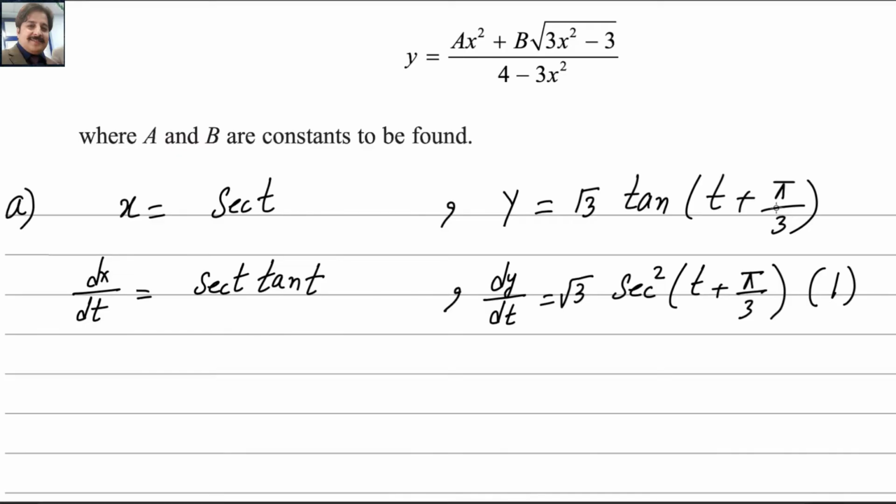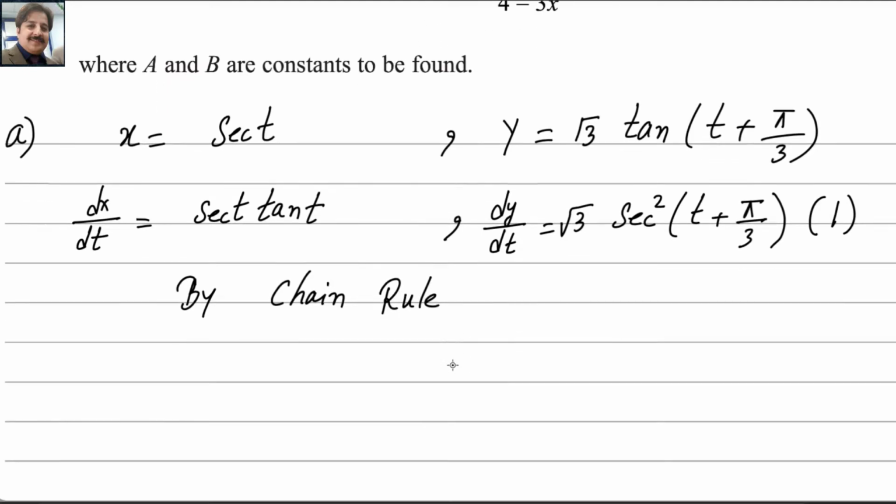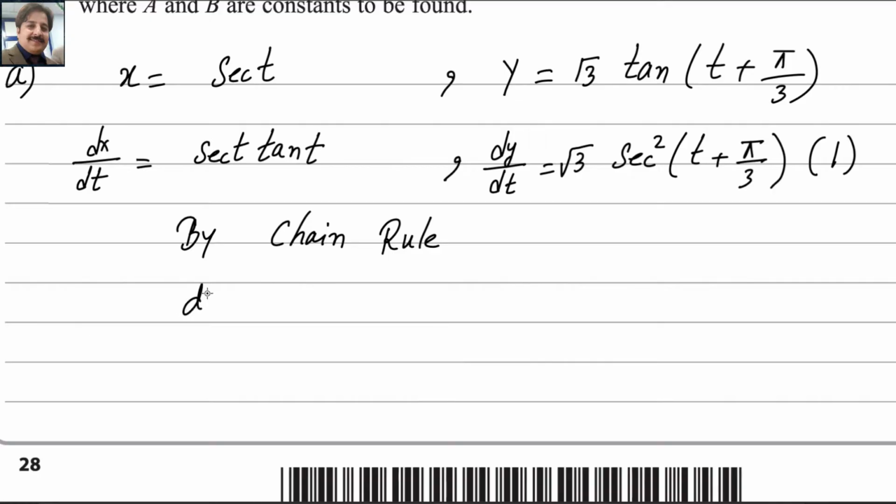Now we can solve it by the chain rule. dy by dx is equal to dy by dt multiplied by dt by dx.